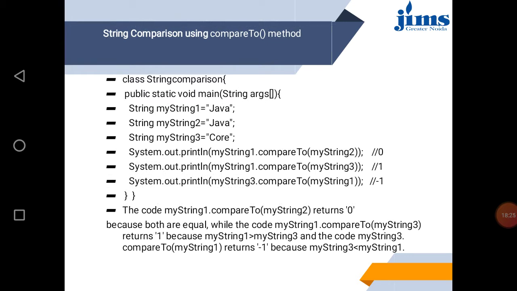So we can compare using the compareTo method, and if it is exactly equal, we get 0, greater gives +1, and less than gives -1.